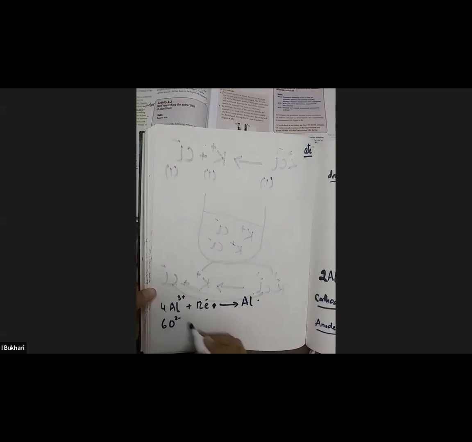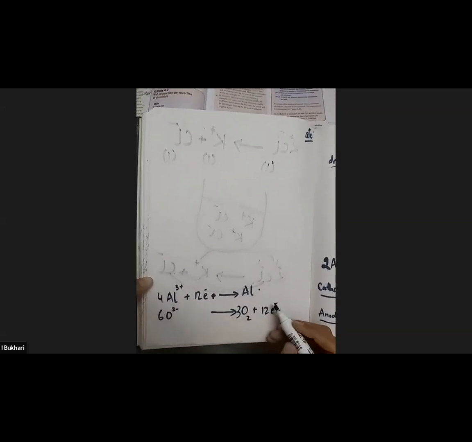You guys also try to balance it. Let's do it together. 3 2s are 6 and this should be 3 4s are 12 electrons. What? Are we out of time? Okay. So the overall reaction is this.